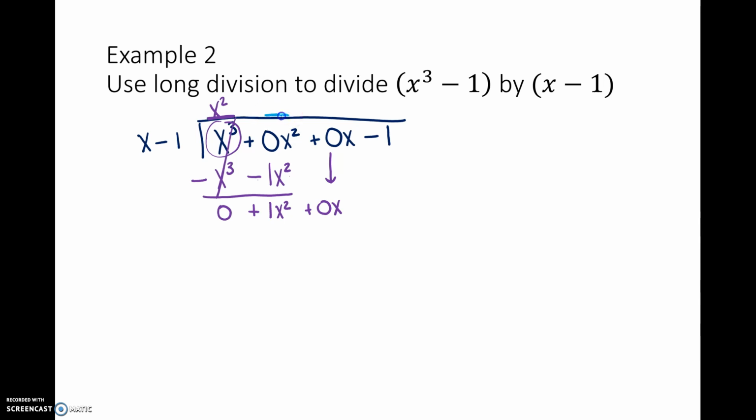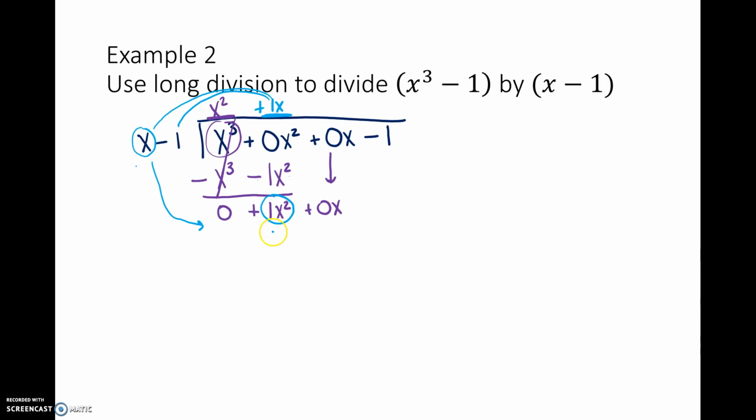Now I'm trying to figure out what goes here. So this light blue blank times x needs to give me 1x squared. So it's going to be a +1. I've already got x. How do I get to x squared? You need another x. Now multiply 1x times x and 1x times -1 and write those answers below.